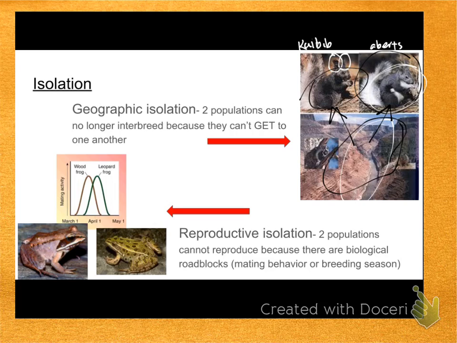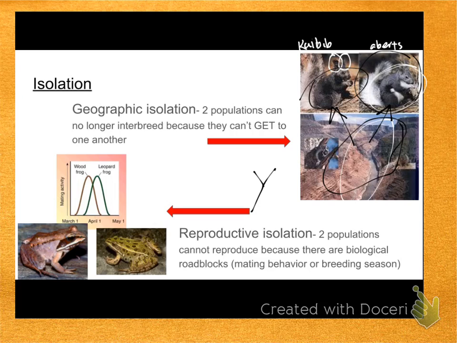So they have a common ancestor. If we did a what kind of tree? Phylogenetic tree. They share a common ancestor. They share a lot of characteristics. They would be a little branch like this off other squirrels. They're closely related, but they were geographically isolated.